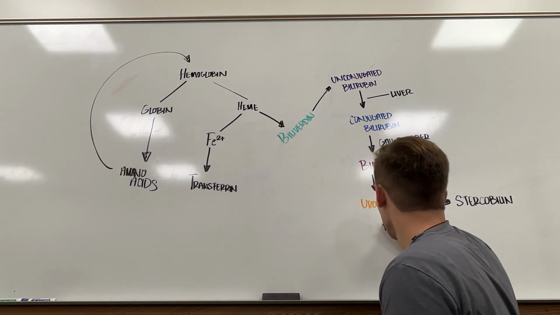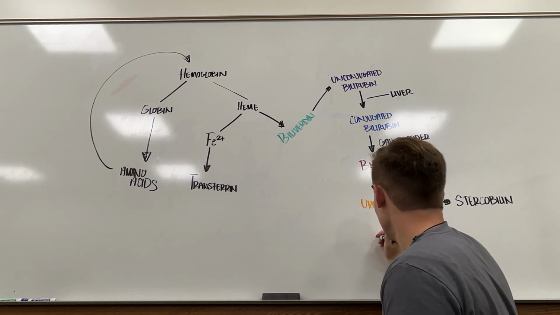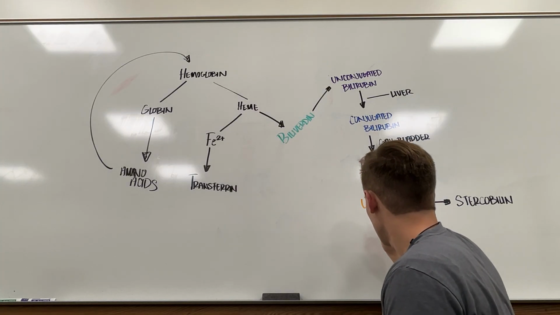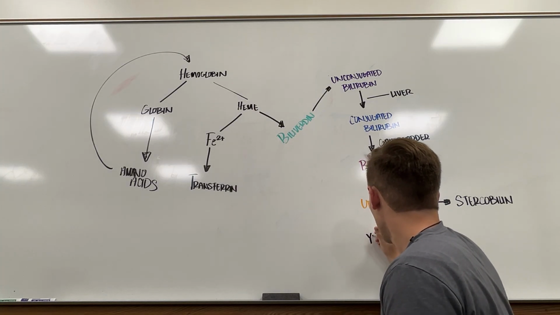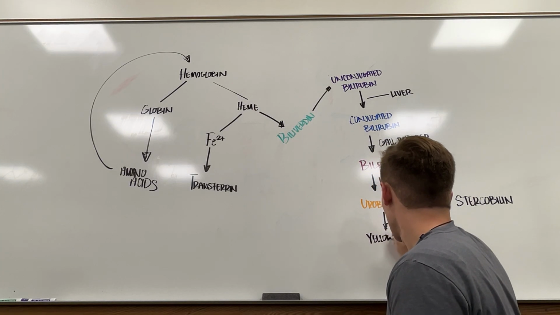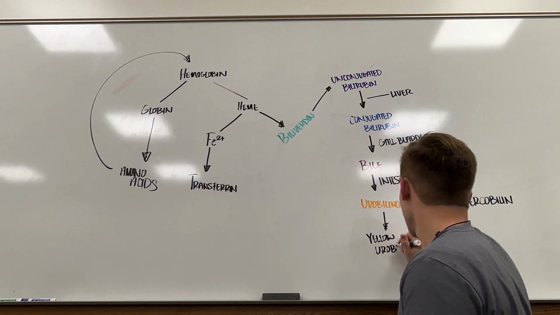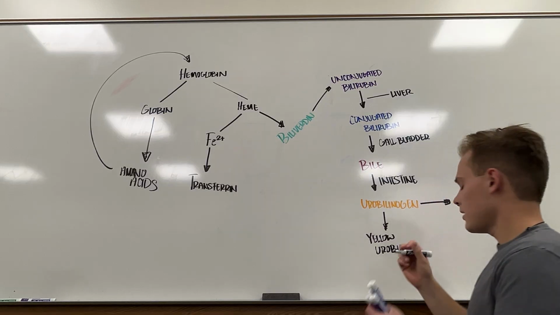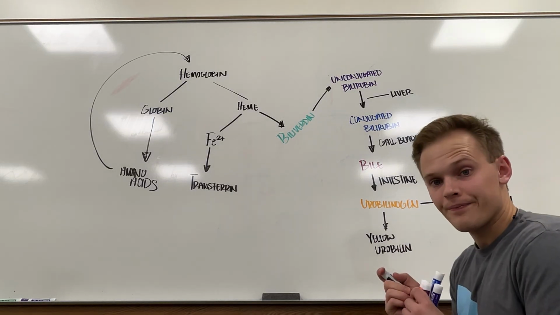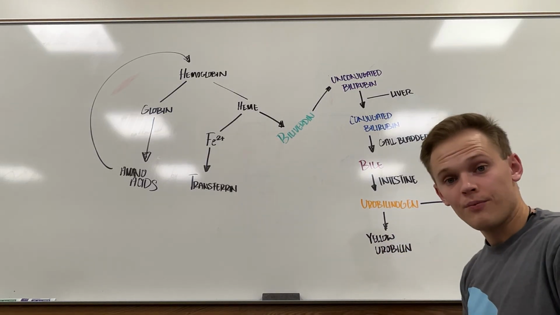It can also go down here to the kidneys, and it's going to become something called yellow urobilin. And that is going to get peed out, which is why your pee is yellow.